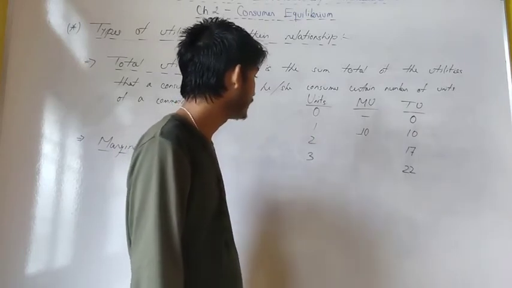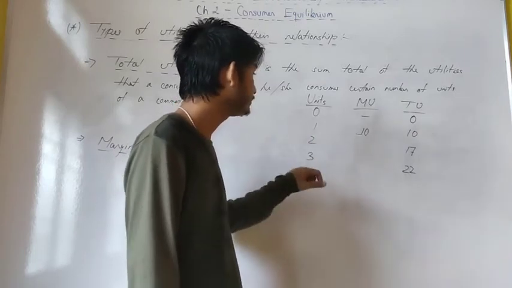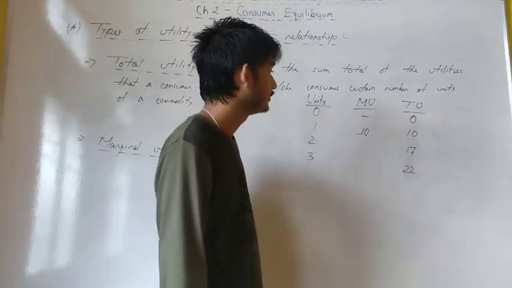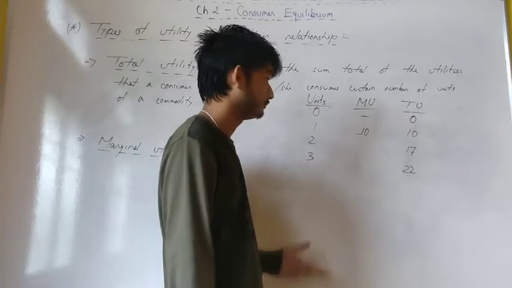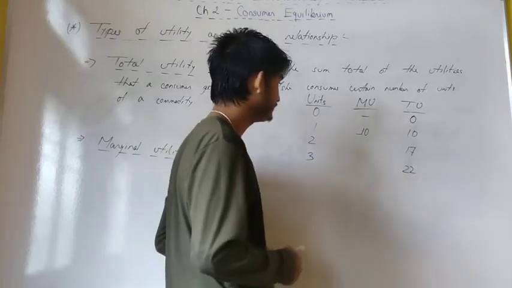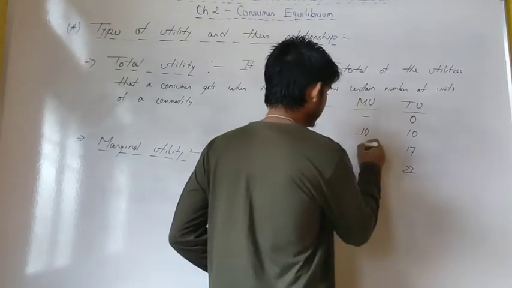Similarly, for the second unit consumed, we can deduct 10 from 17, so that will give me 7.